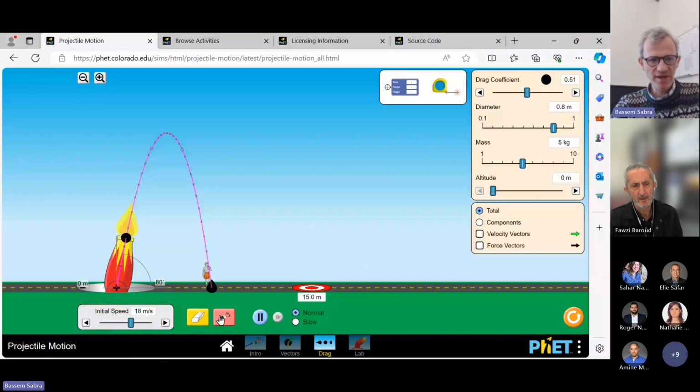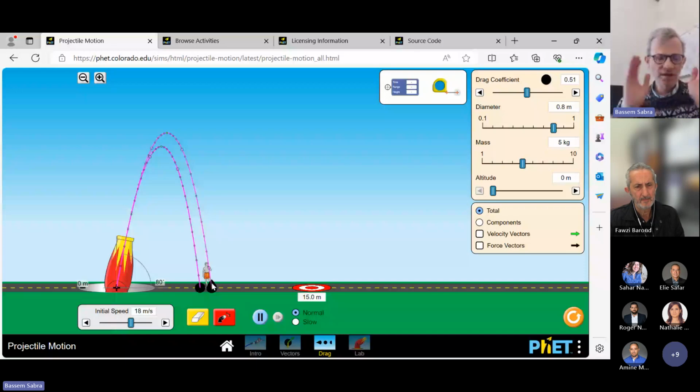So here it's the same everything, but I changed the shape of the projectile, and here you see that it didn't travel as long. So if you make it very aerodynamic, it can go farther, even if the initial speed is the same and the angle at which you are launching it is the same, just by changing the shape of the projectile.